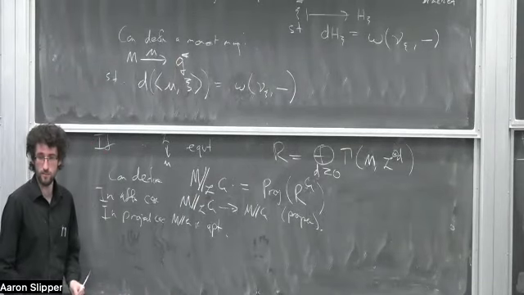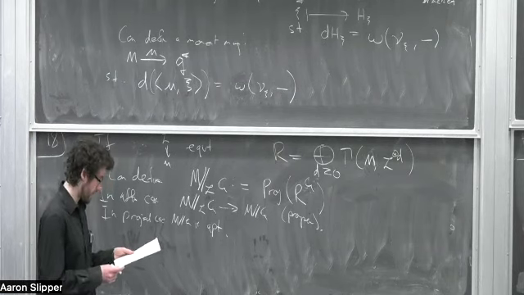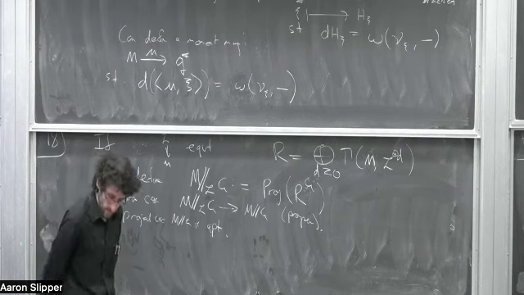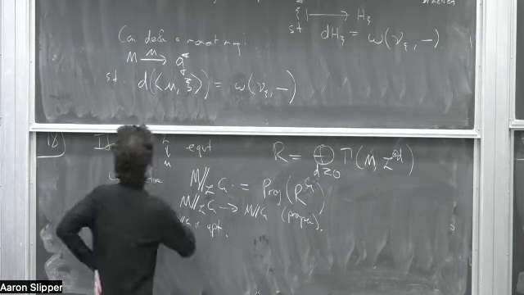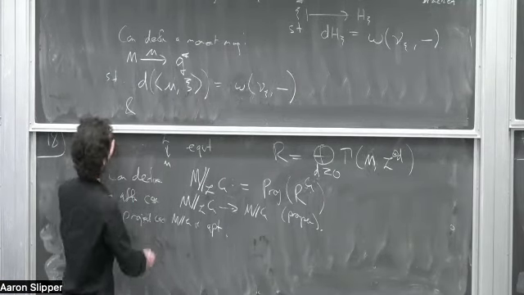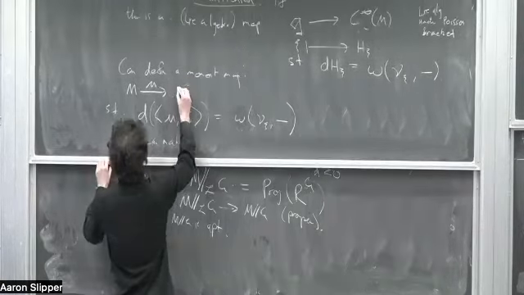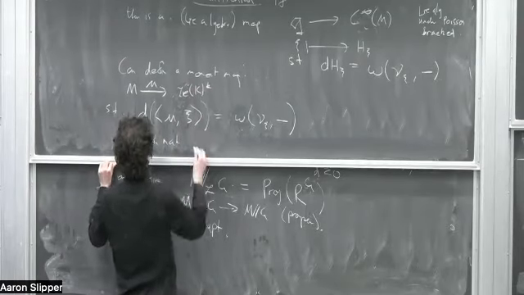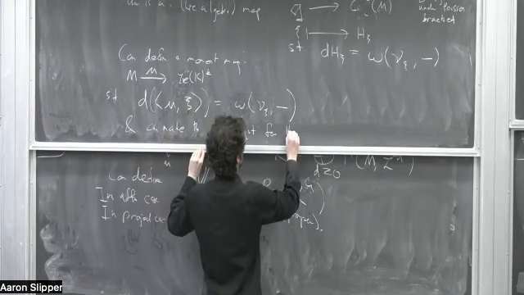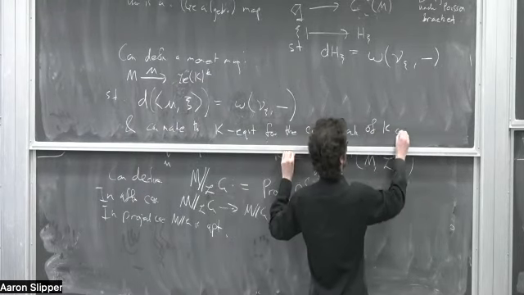There are some options with respect to normalization of this, but we can make this K equivariant for the coadjoint action.